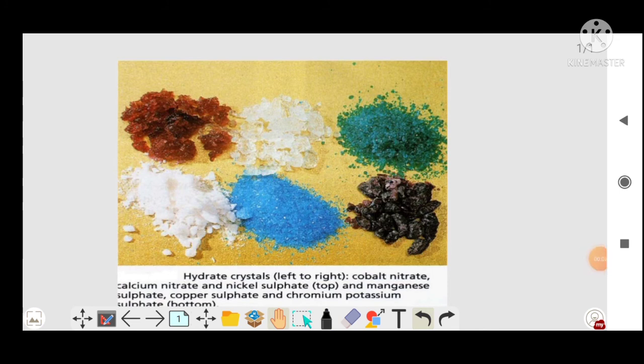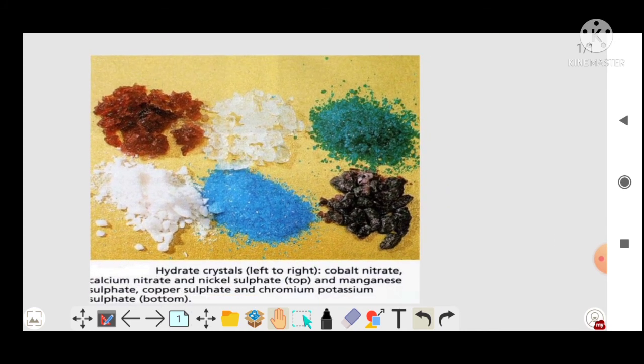These all six are hydrate crystals. यहाँ पे देखो कोबाल्ट नाइट्रेट, this one is calcium nitrate and this one is nickel sulfate and this one is manganese sulfate, this one is copper sulfate and this one is chromium potassium sulfate.